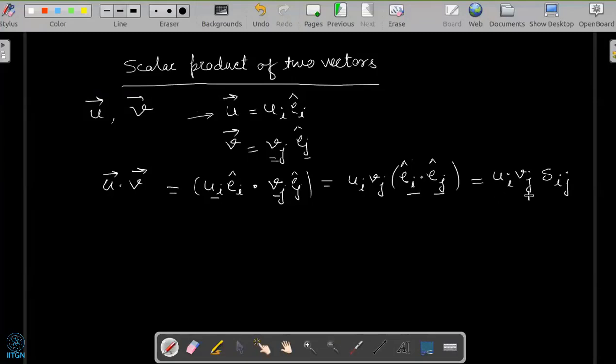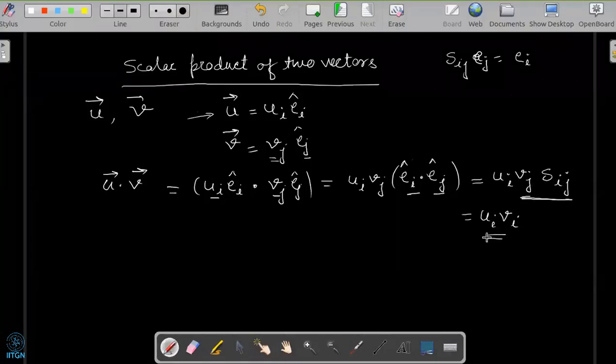We have also seen a property that whenever you have delta_ij and a_j, for example, you get a_i. Following this property, can I say this term is v_i? Because when you expand the j, you will find it is equal to v_i.